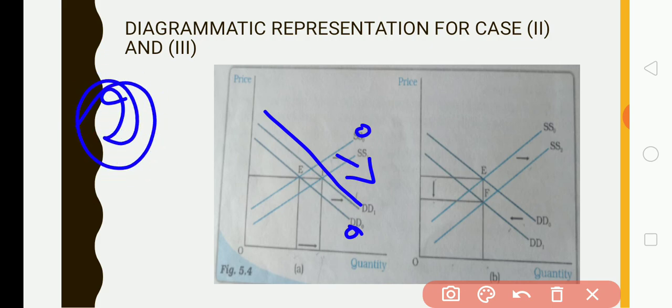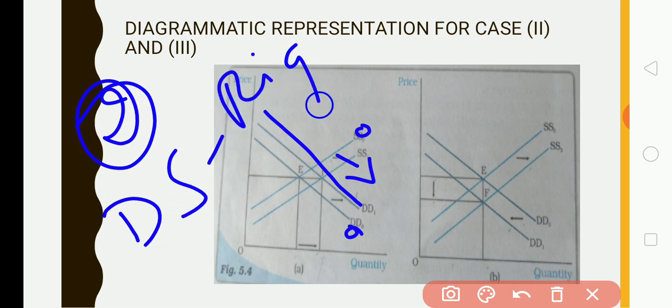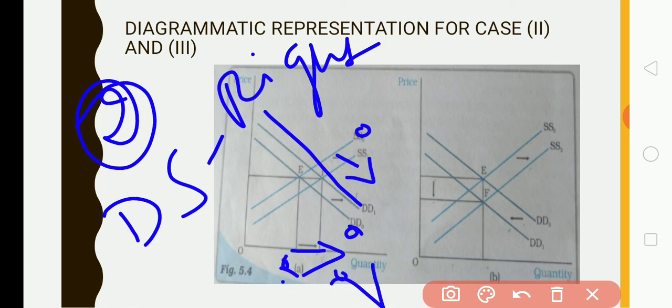So both demand and supply shifted rightward. When both are shifted rightward, the quantity is increasing from Q to Q1. And the price may increase, or decrease, or remain the same. That is the second point in the simultaneous shift.